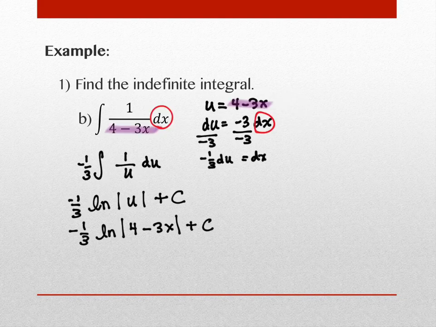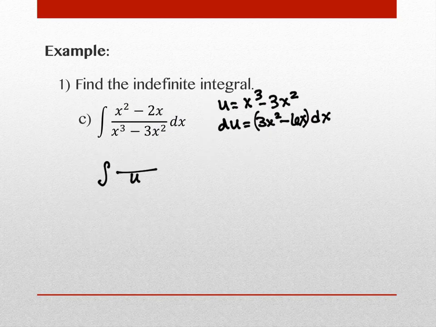It was just a 1 on top, right? That's very clean, very simple, very straightforward. I have other things with variables in it on top. So in order for this to work, they actually have to get replaced somehow with the du part of what I just did. Now, it's not exactly the same thing. The numerator says x squared minus 2x, but my du part says 3x squared minus 6x.